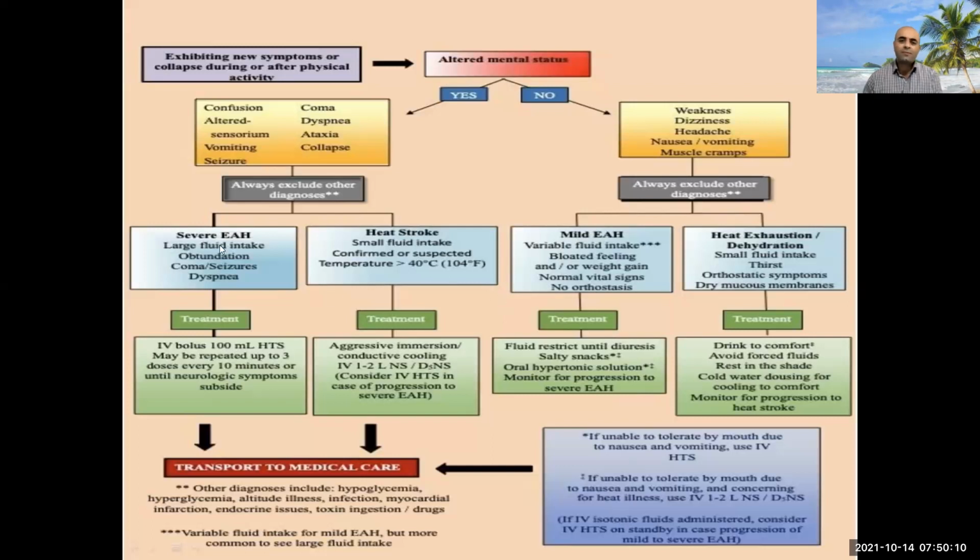I hope this algorithm is clear and helpful, and I think it is a good algorithm to manage exercise-associated hyponatremia, heat stroke, heat exhaustion, and dehydration. I think this is clear.